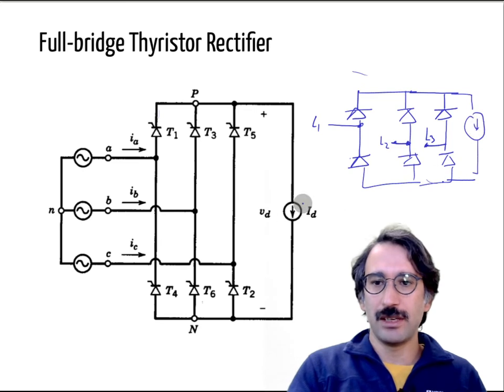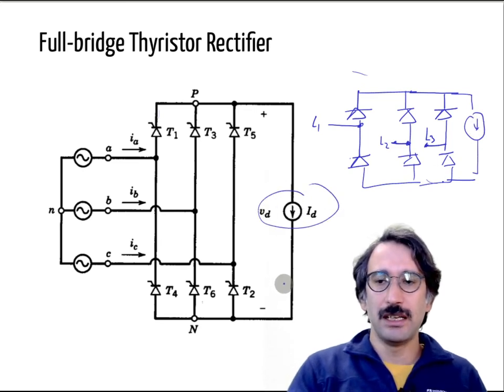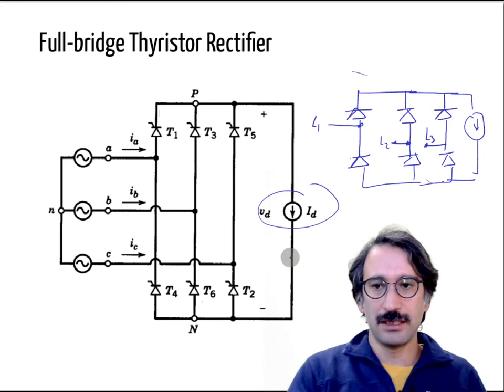Now we assume to have an ideal current source on the secondary side. Again, if you remember from the diode rectifiers, the phases are conducting in pairs.